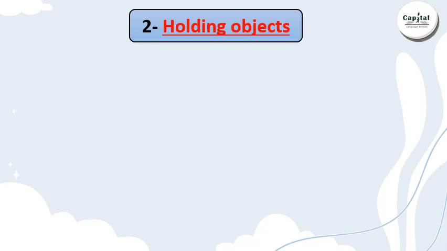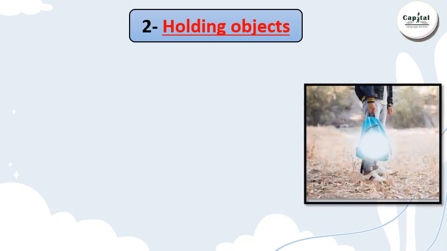And now, holding objects. What do you think of forces on this object now, on this bag now? Only one force or two forces? Yeah, excellent. We have the force of gravity. Excellent. It pulls this bag downward. And we have another force.